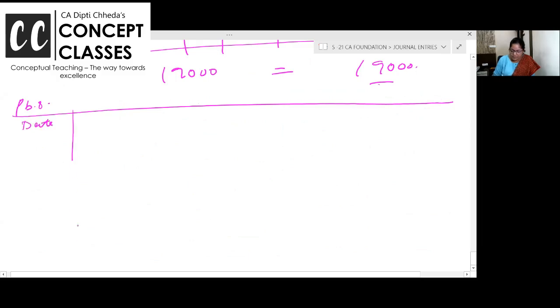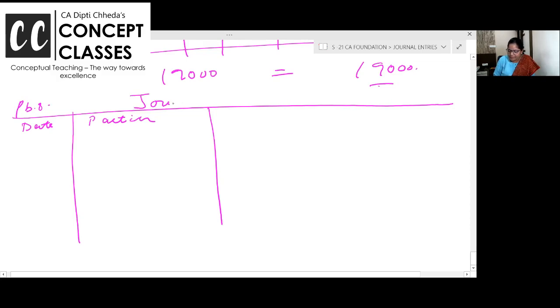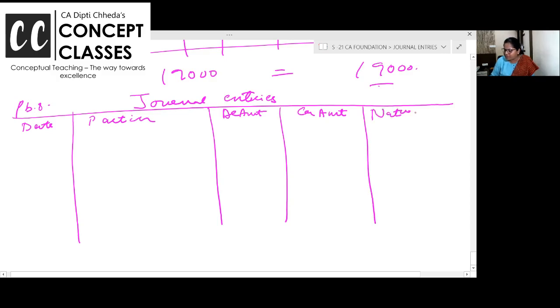Date, particulars. This time we are passing proper journal entries, so I am writing the heading Journal Entries: Date, particulars, debit amount, credit amount, and one extra column for the nature of account.